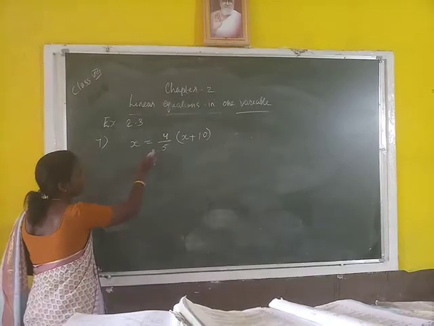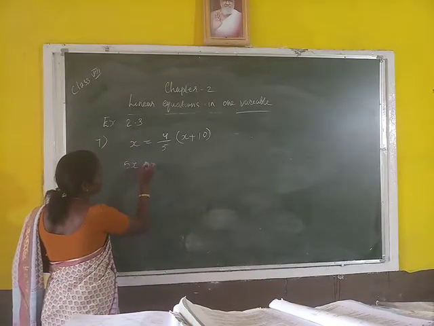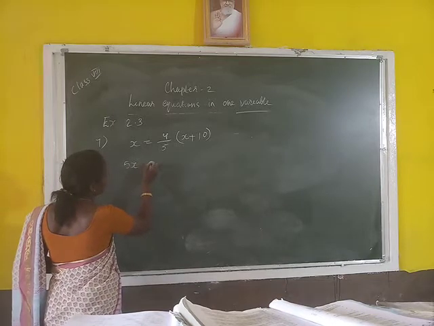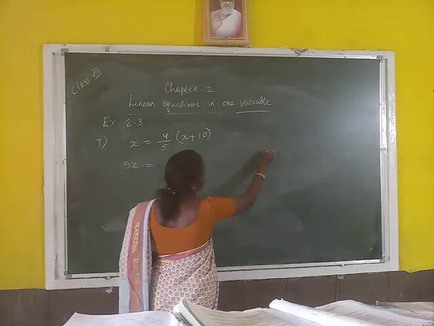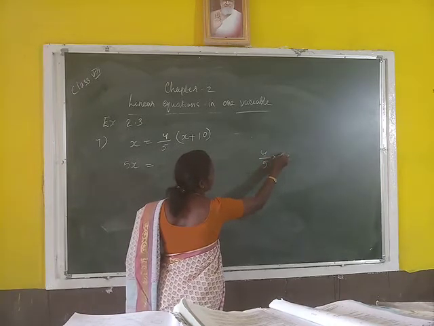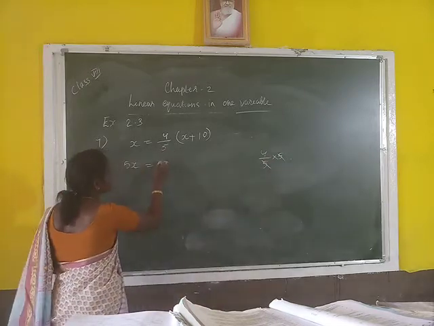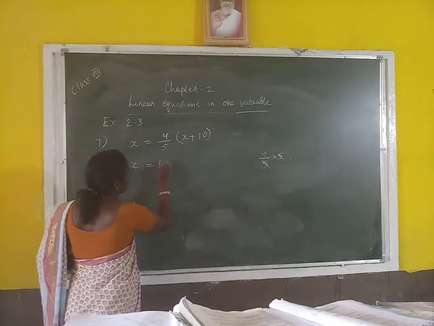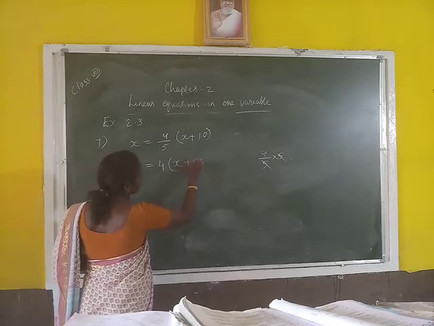So we can write 5 into x, 5x, is equal to 4 by 5 multiplied by 5. This 5 cancels. So what remains is 4 into x plus 10.